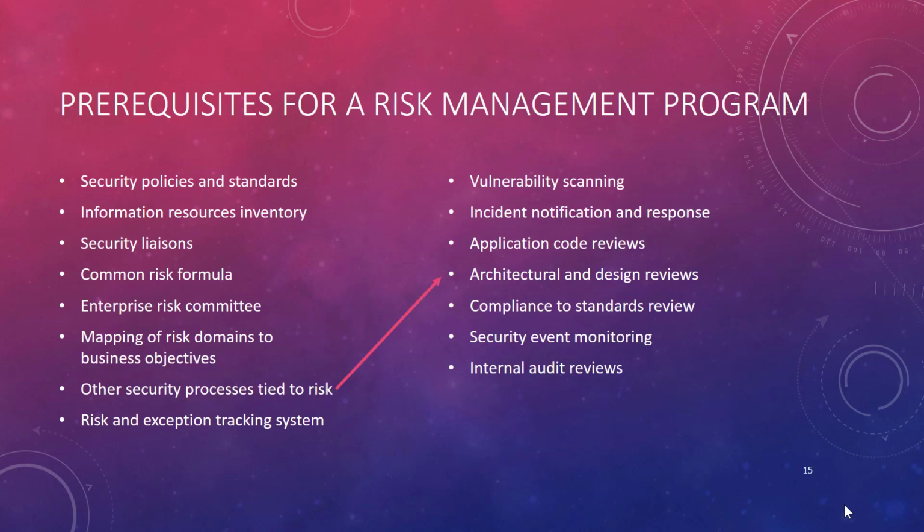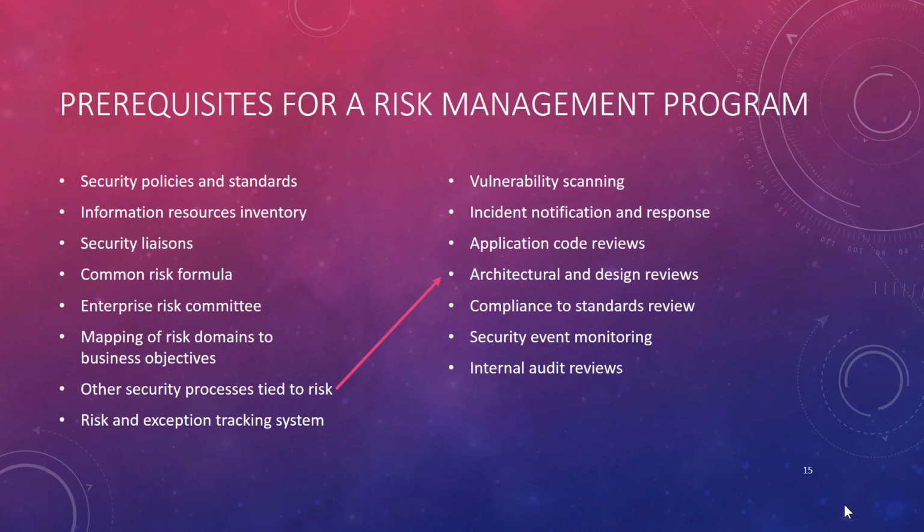From there, we move into other security and processes tied to risk. All of these really need to be done. You don't have to do all of them the first year, but you do have to do them over time. So vulnerability scanning, incident notification and response, application code reviews, architecture and design reviews, compliance to standards, security event monitoring, and then internal audit reviews.